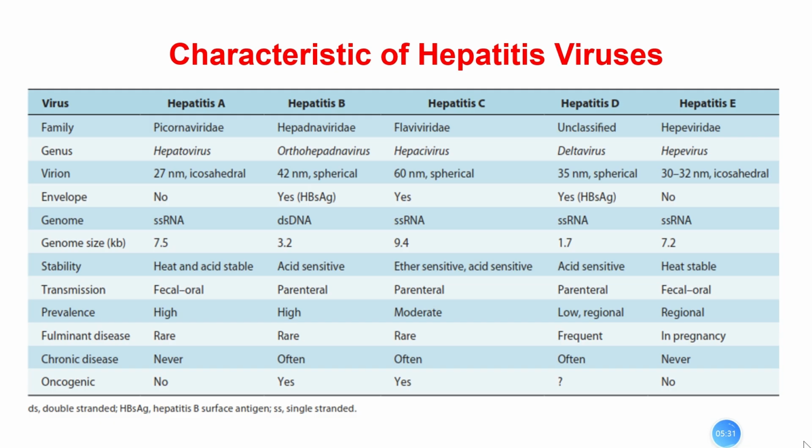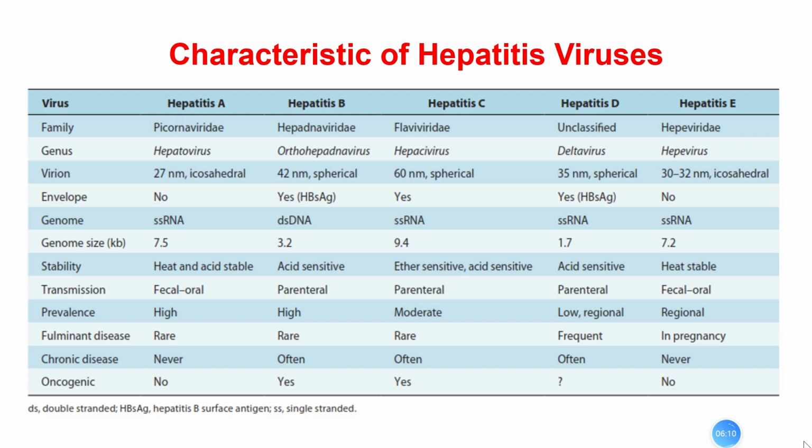This is a summary table of all the 5 viruses, A to E, and it includes all the information of the major characteristics, such as the family they belong to, genus, the virion size and symmetry, whether they have an envelope, their genome property, genome size, stability, transmission, or whether they can cause liver cancer in humans.